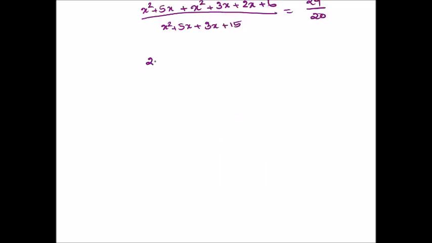This gives 2x square plus 10x plus 6, the whole divided by x square plus 8x plus 15, equal to 29 by 20.